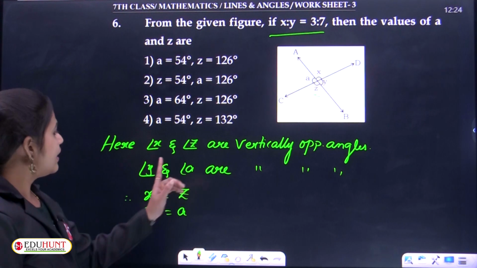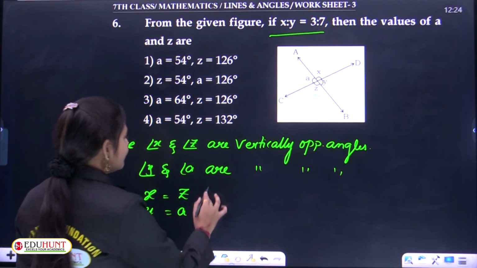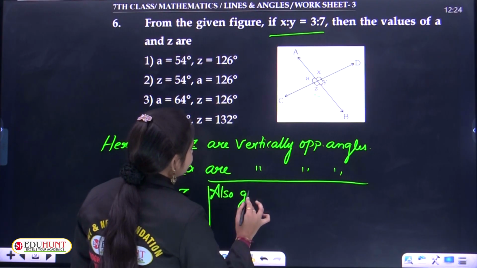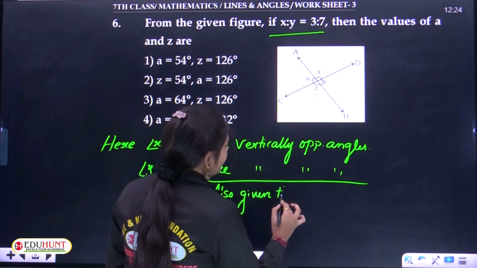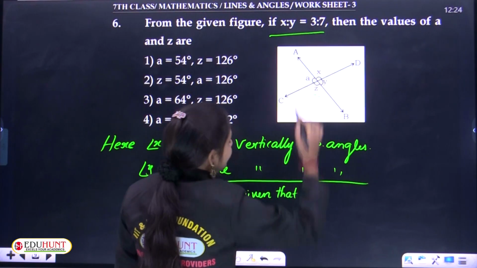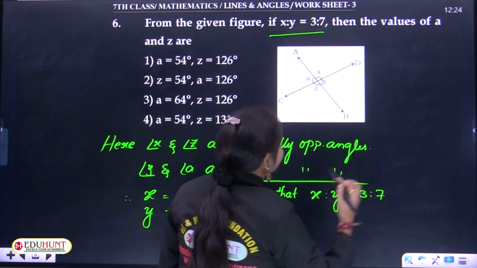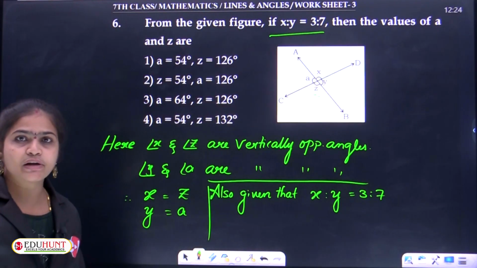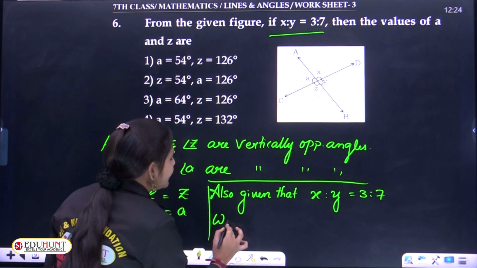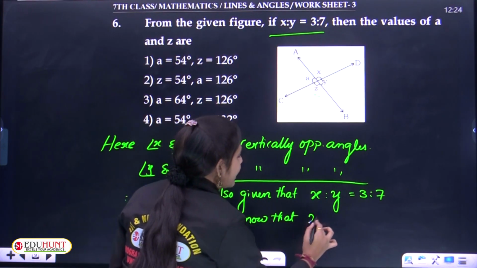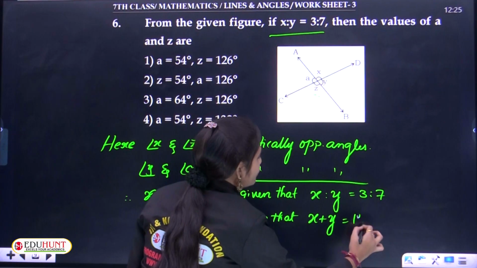Am I clear? Now, one more thing is given. The ratio of X and Y is given: X is to Y is equal to 3 is to 7. And here we know that X plus Y is equal to 180 degrees.